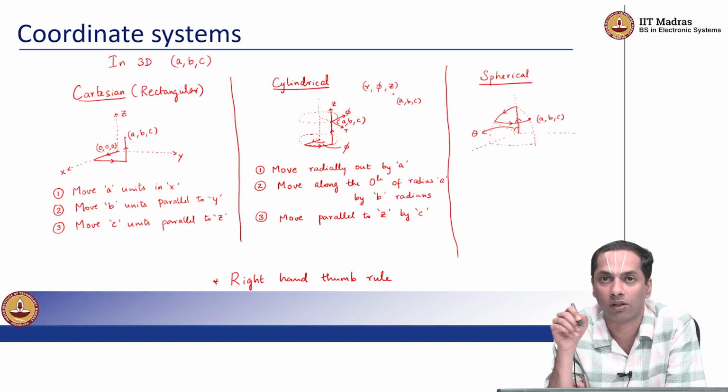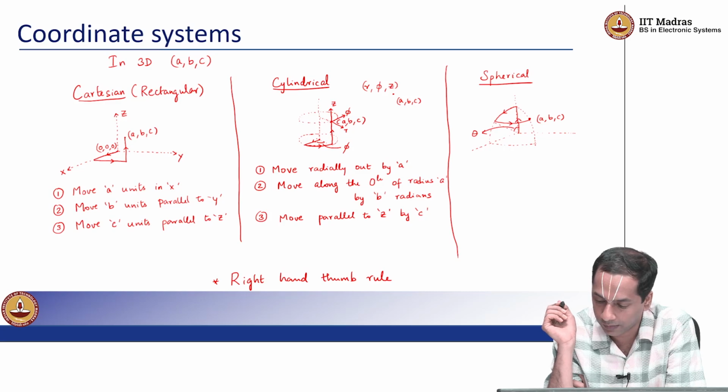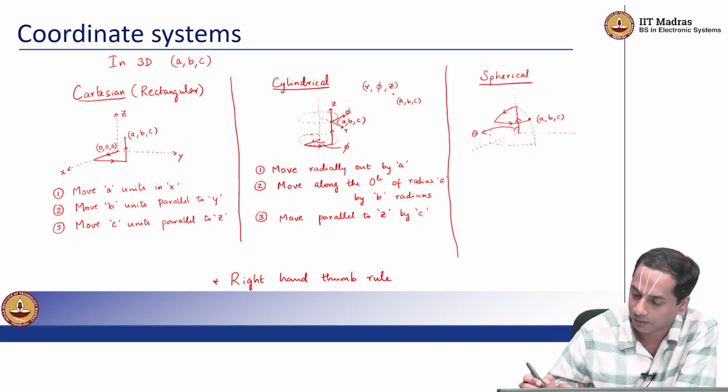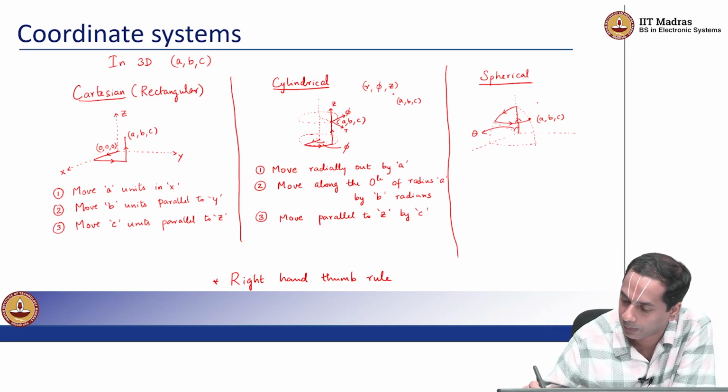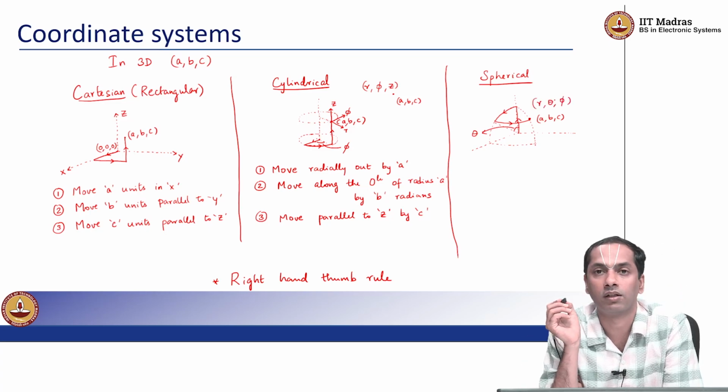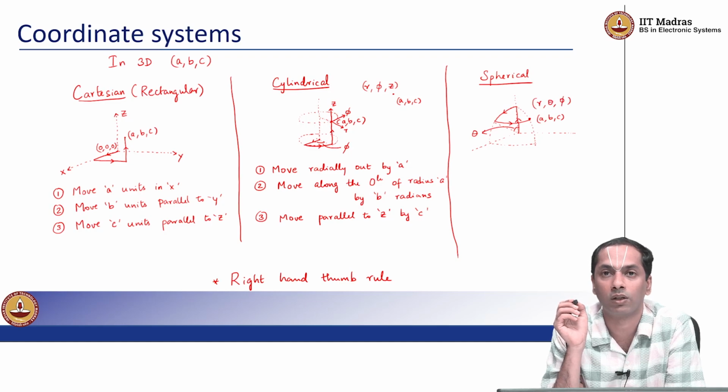And then you have the longitude, right, which is the phi. So usually you can represent this as r, theta and phi. So I now am using one distance measure and two angular measures to specify the same location, right?